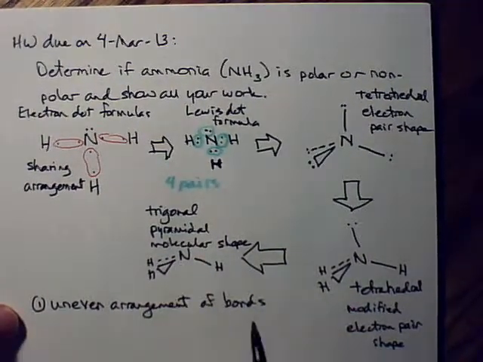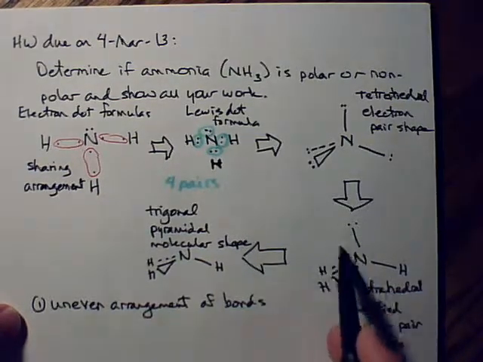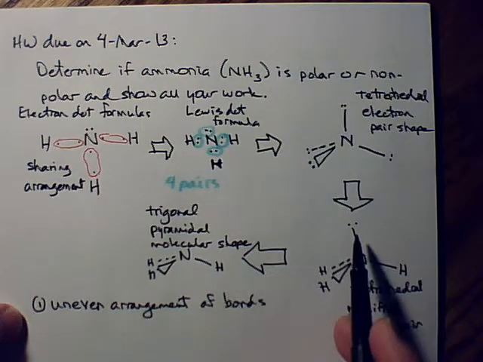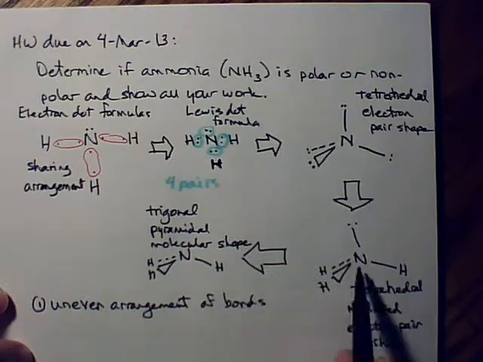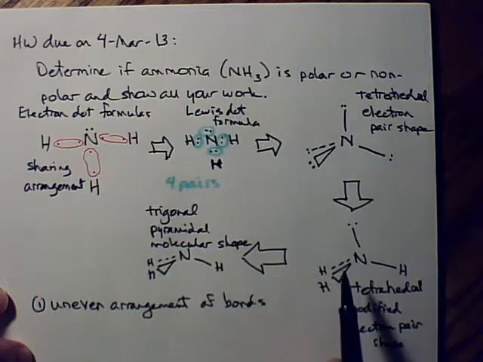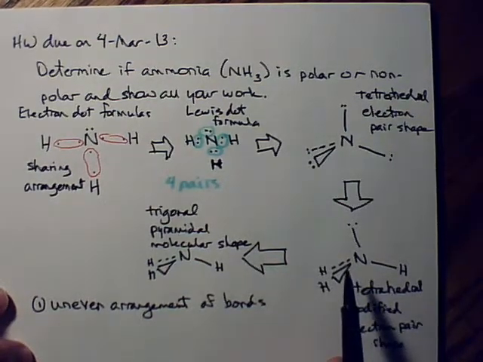Well, the molecular shape has an uneven arrangement. It's uneven because we removed the lone pair. So that's kind of the shortcut way of understanding when you have an uneven arrangement. If you have to remove a lone pair, you're going to have an uneven arrangement.